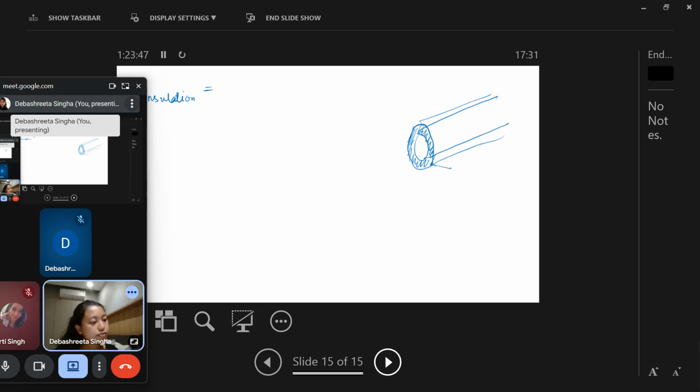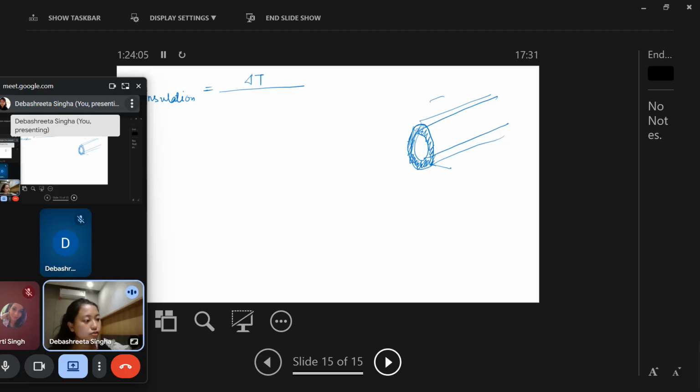So there are two resistances now. This coating is a solid part, so the resistance will be due to conduction. So delta T is here, and there are two resistances: one is conduction and one is convection.